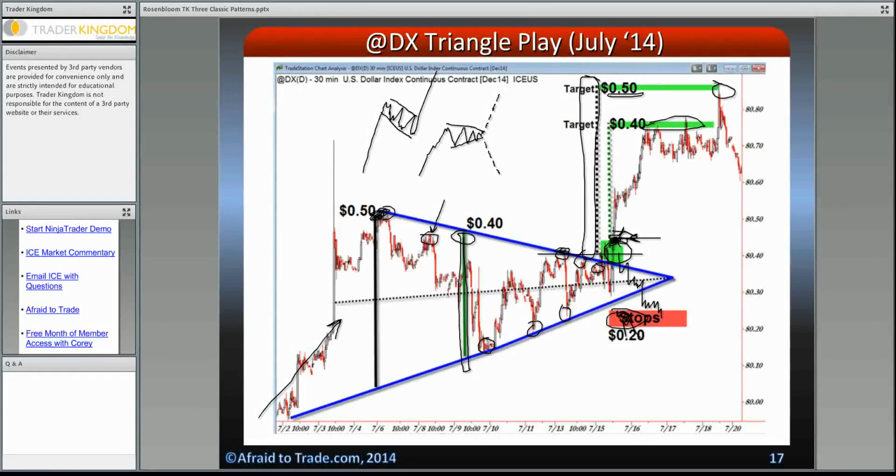But there's nothing wrong, nothing hideous or terrible about pulling your stop up to the middle of your target. Nothing wrong with that. You can also exit on touch of the target. You can place it in advance, or monitor the position with your own hands, with your own experience, as it goes for the target.